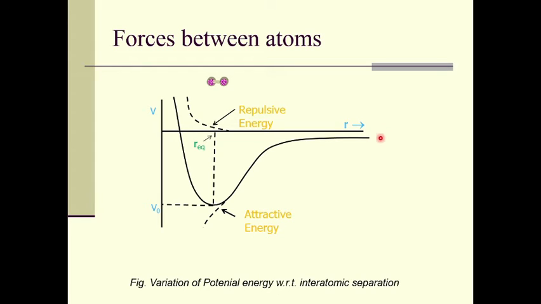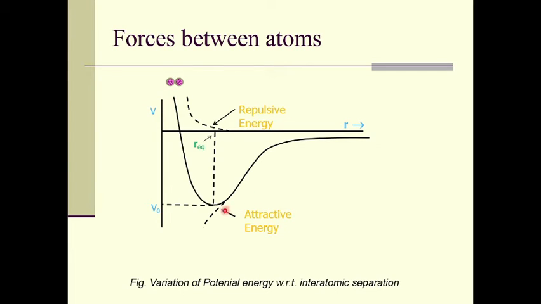On the y axis we have the potential energy, and on the x axis we have the interatomic separation R. When the two atoms come closer, their potential energy decreases. Here the potential energy decreases at this point, and further if we reduce the separation between two atoms, there will be a rise in the potential energy.